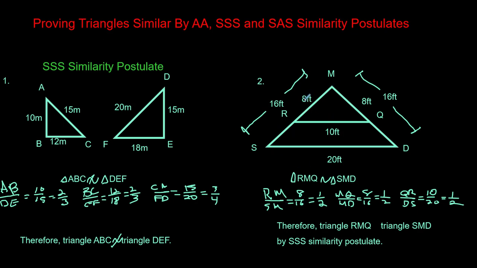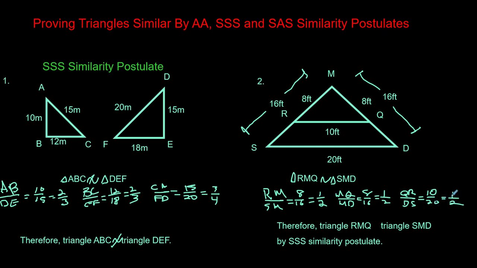We're going to substitute the 8 for RM and the 16 for SM. We're going to do the same thing for MQ to MD. We come out with 1/2, once again, 1 to 2. And then QR to DS, and we come out with 1 to 2 once again.